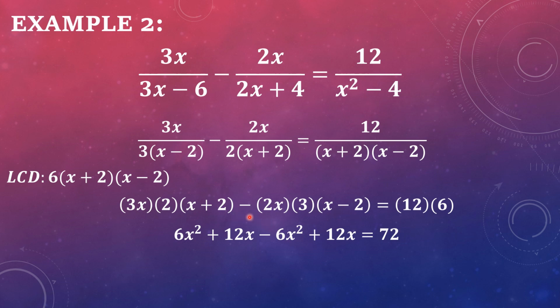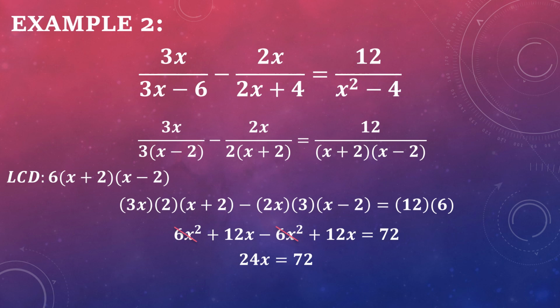But our sign here is negative, so we have positive 12x. 12 times 6 is 72. We combine like terms, so 6x squared minus 6x squared is 0. 12x plus 12x is 24x, which is equal to 72.